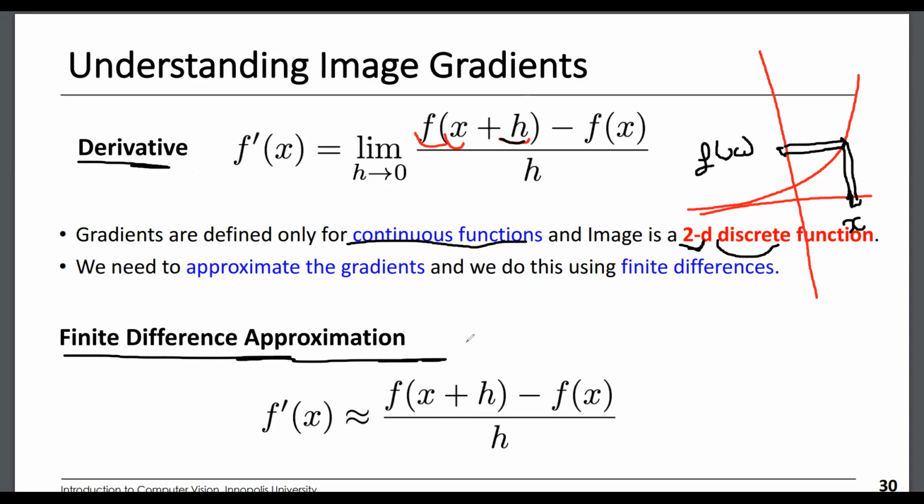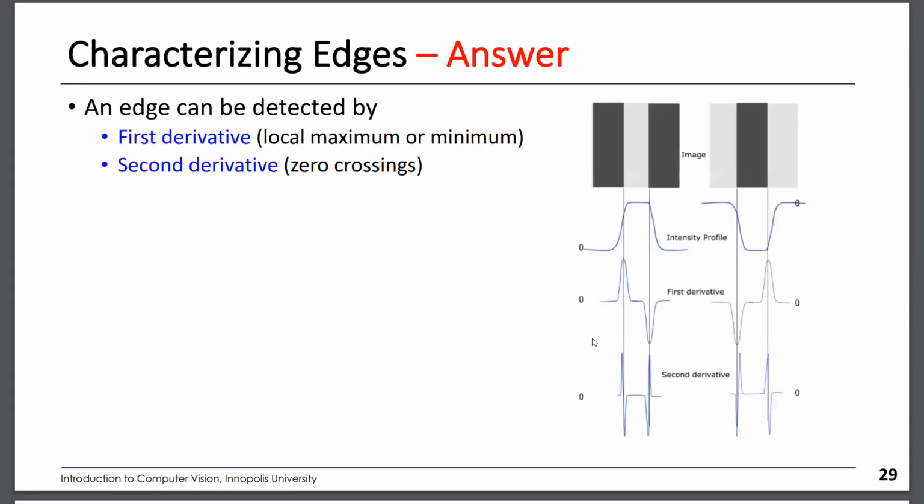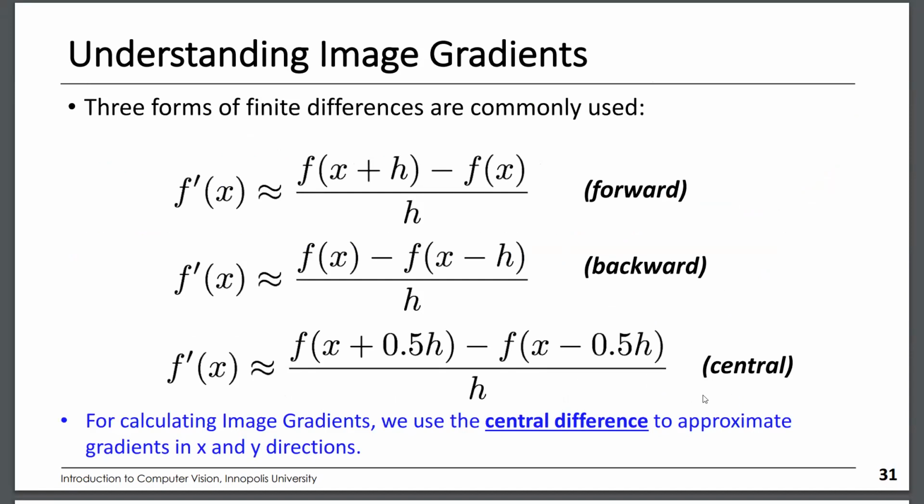So instead of h being infinitely small, h now is 1, or h is 2. Of course, the larger the h, the less accurate it will be, right? But the closer to 1 it is, the better. So this is how we approximate the first derivative and the second derivative, of course.